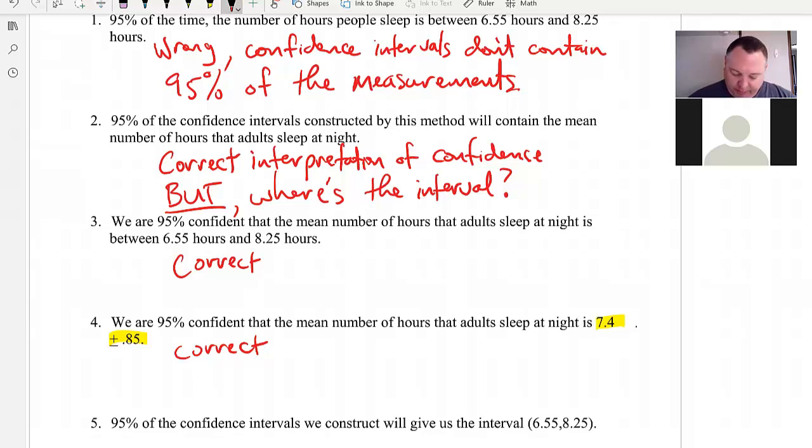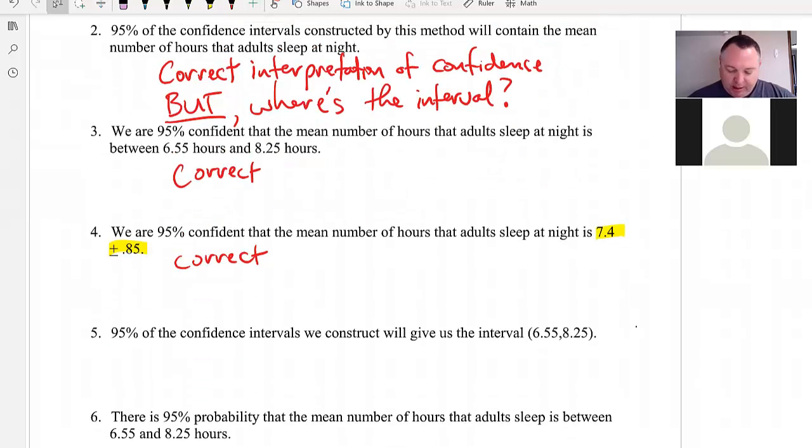Let's see, number 5: 95% of the confidence intervals we construct will give us the interval 6.55 to 8.25. Well, this is really saying that 95% of the time we're going to get exactly that interval. And that's not true. The interval is going to be all over the place, especially when you're talking about 2 decimal places.